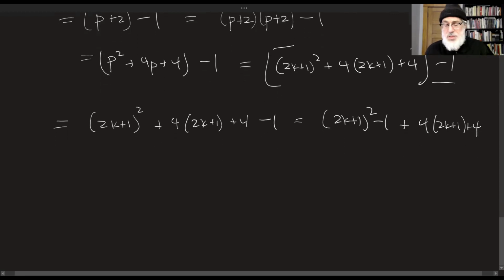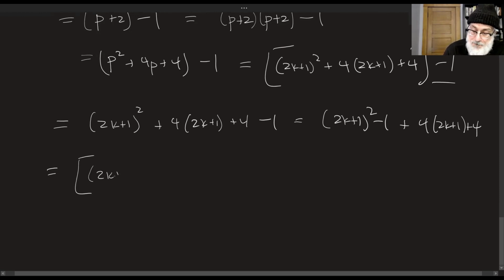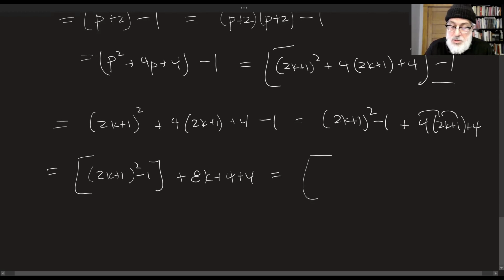All right. So now it should be somewhat evident that grouping it this way was advantageous, because when I multiply out this second term here and add 4, I get 8k plus 4 plus 4. So that is 2k plus 1 squared minus 1 plus 8k plus 8.